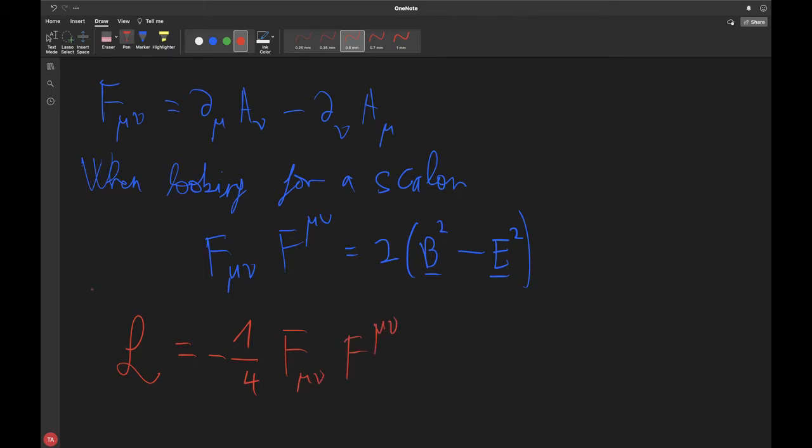So this is the simplest Lagrangian for electromagnetism. And actually, if we use this Lagrangian and go through all the methods that we learned in the past, the outcome of this is going to be the Maxwell equations.